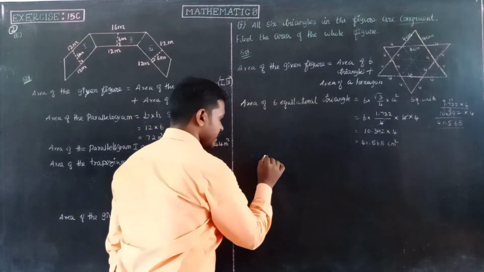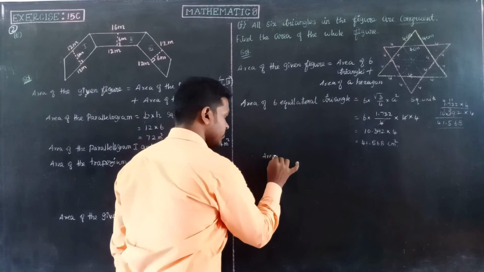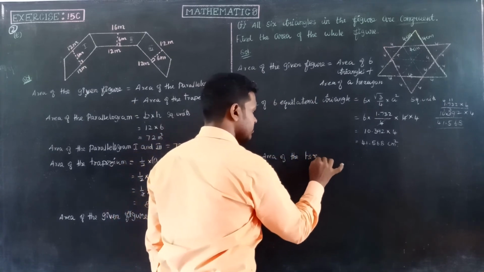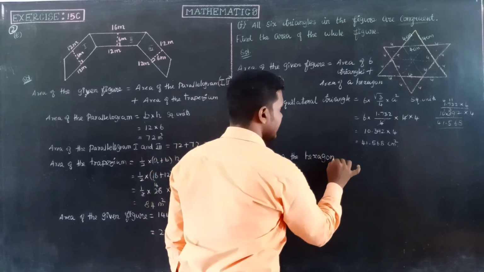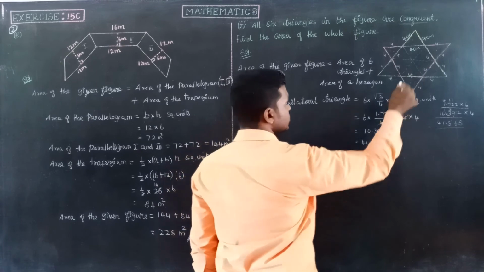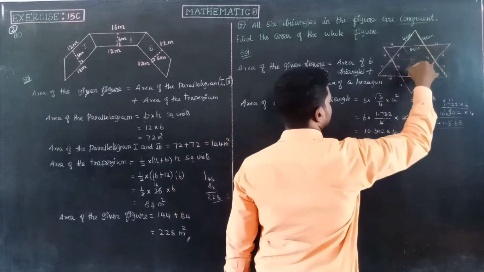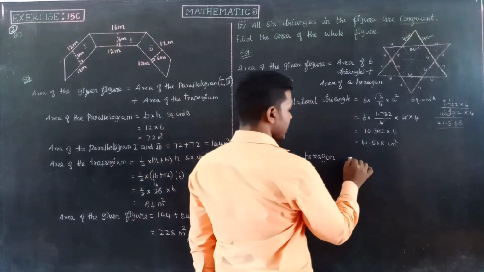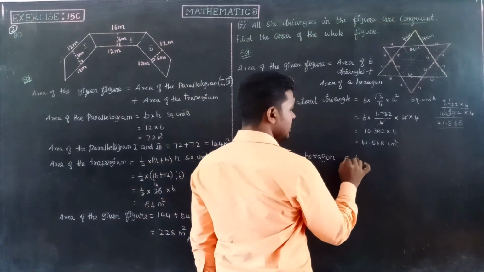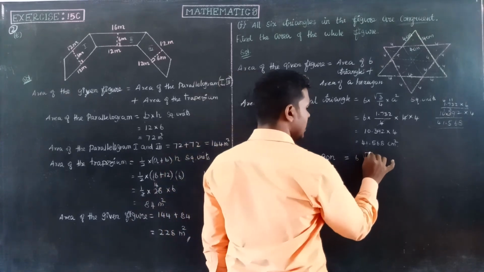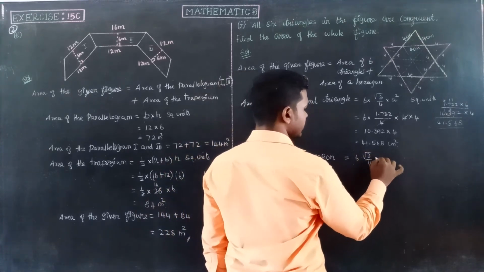And now we find the area of the hexagon. The inner region has a hexagon, and we find its area. When the opposite vertices of this hexagon are joined, we get 6 equilateral triangles. So the area of the hexagon is equal to the area of 6 equilateral triangles, so 6 into root 3 by 4 into a square.